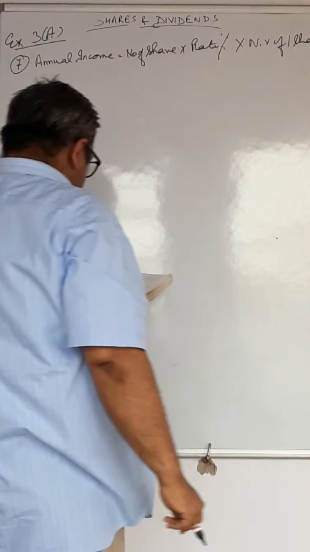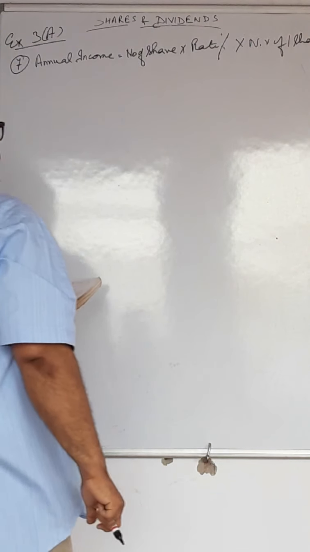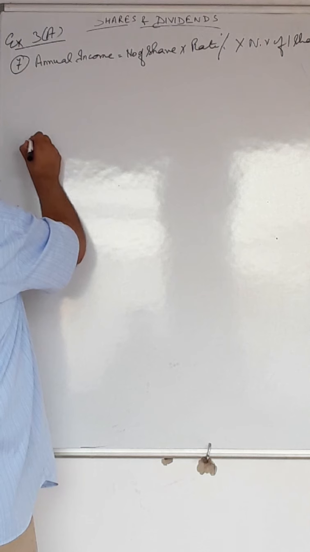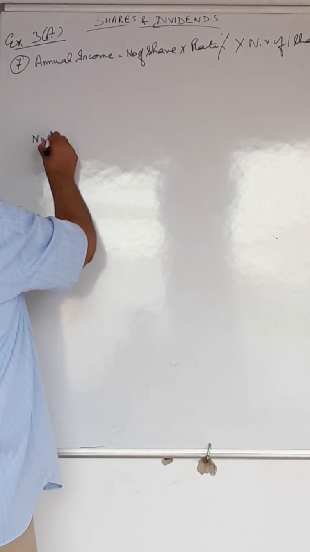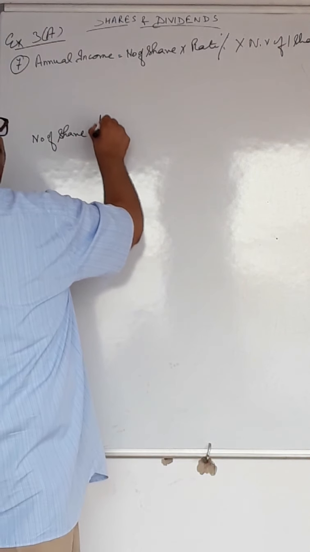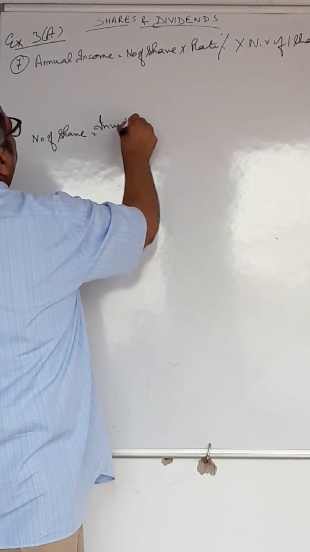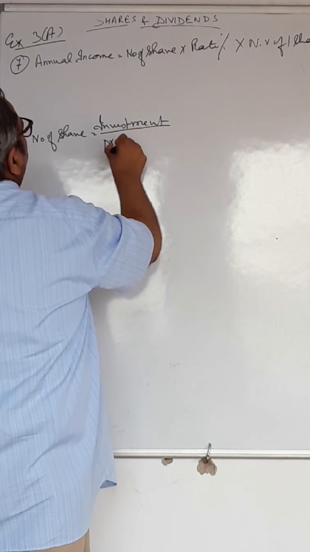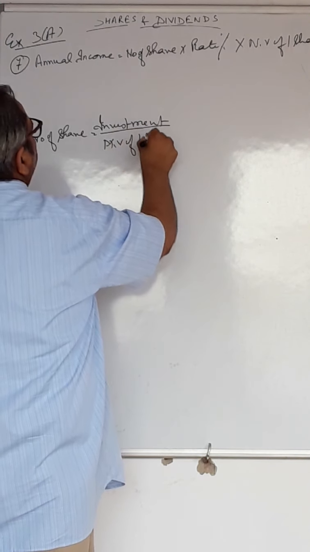First of all, we should calculate the number of shares. Number of shares is equal to investment upon market value of one share.